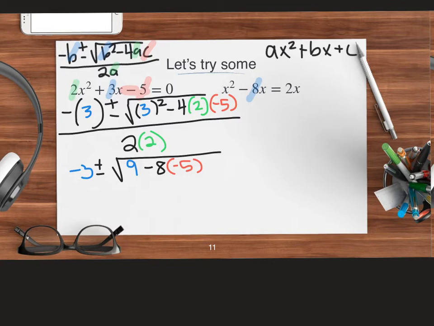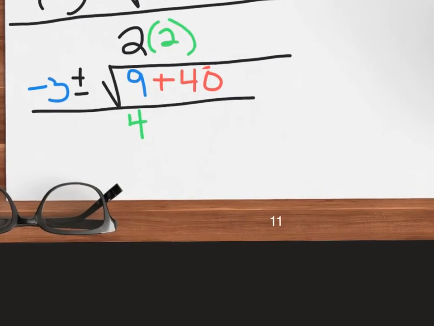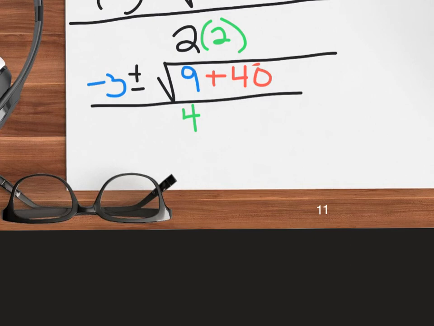So I am actually going to go in and say, okay, plus 40. Keep on, and then all of this is going to be over 4. There's a little bit of simplifying that we still need to do. You can see why I was saying that this is like a plug and chug thing.